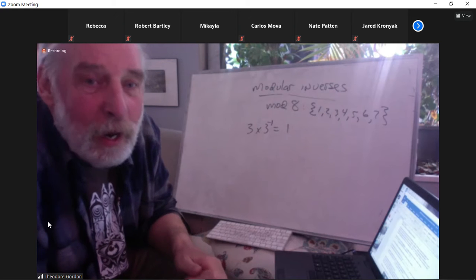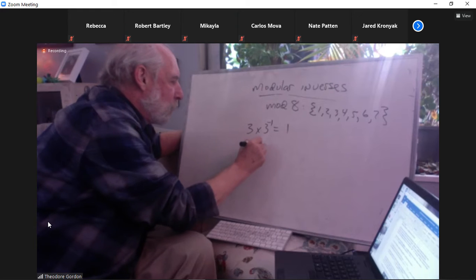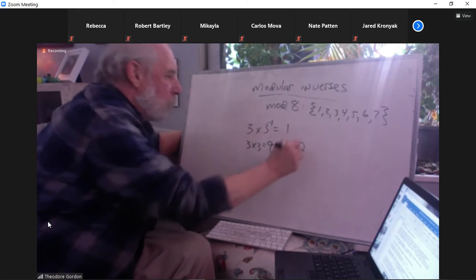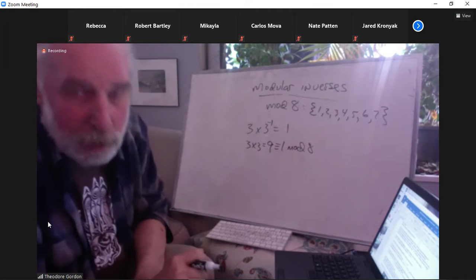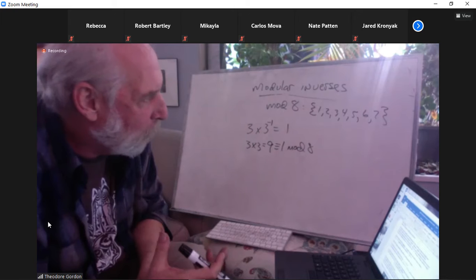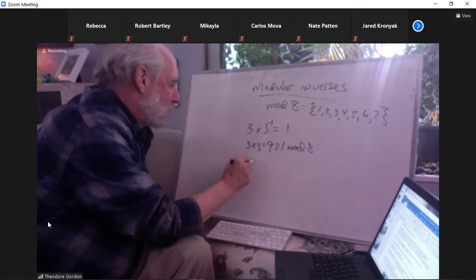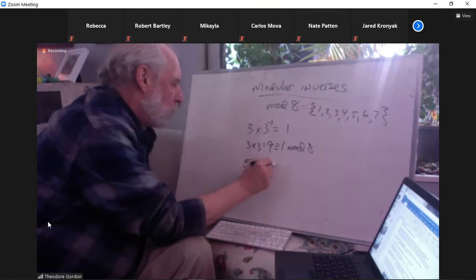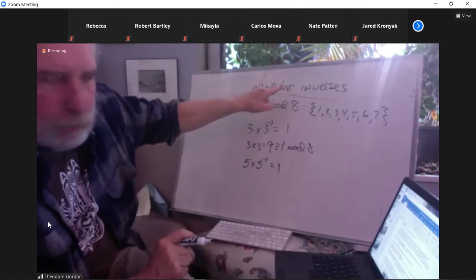3. Yeah, there you go. So 3 times 3 equals 9, but that's 1 mod 8. So in this case, 3 is its own inverse. 3 times 3 is 1 mod 8. How about 5? I'm just going to be writing 1 now because it's understood we're in mod 8.